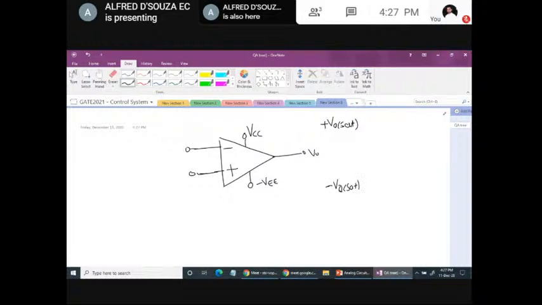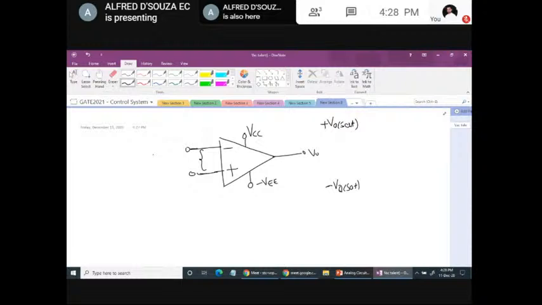And this op-amp amplifies the difference between its inverting and non-inverting terminals, multiplies that by the op-amp gain. So open loop gain of the op-amp is ideally very large. So output will either tend towards plus V0 sat or minus V0 sat. To control the gain of the amplifier, we introduce a negative feedback.